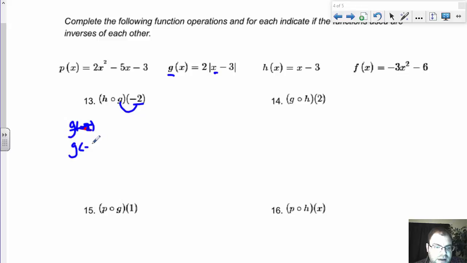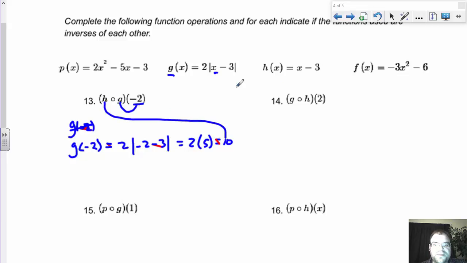g of -2 is going to equal 2 times the absolute value of -2 minus 3. -2 minus 3 is -5, but the absolute value of -5 becomes a +5. So this part's going to give you 10. 10 is now going to go into h. So right here, this x value will be a 10.